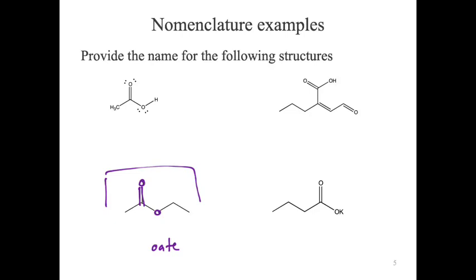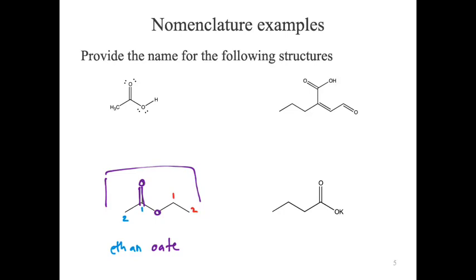No matter which way we go, we're going to get 2, right? Okay, so we'll make that a little bit more challenging in a second here. So our root name is a 2-carbon chain. It's sp3 hybridized outside of the functional group of the ester. So we'll do ethane and then OATE, because the OATE is representing the ester functional group.